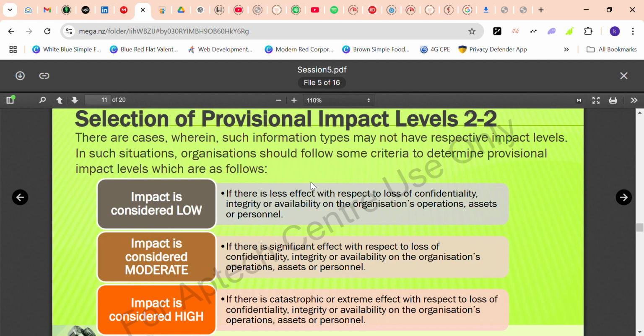They must find the money and they will find it. Or extreme effects with respect to loss of confidentiality, integrity, or availability of the organization, operational assets, or personnel. That is a big catastrophe, because now my money is lost, they will find the money. So those are the categorization of impact. Are you with me?